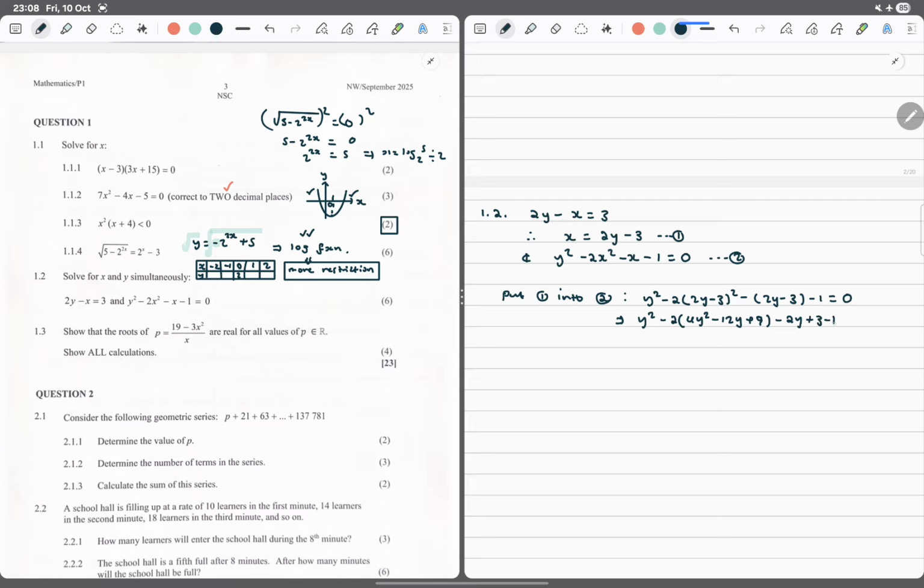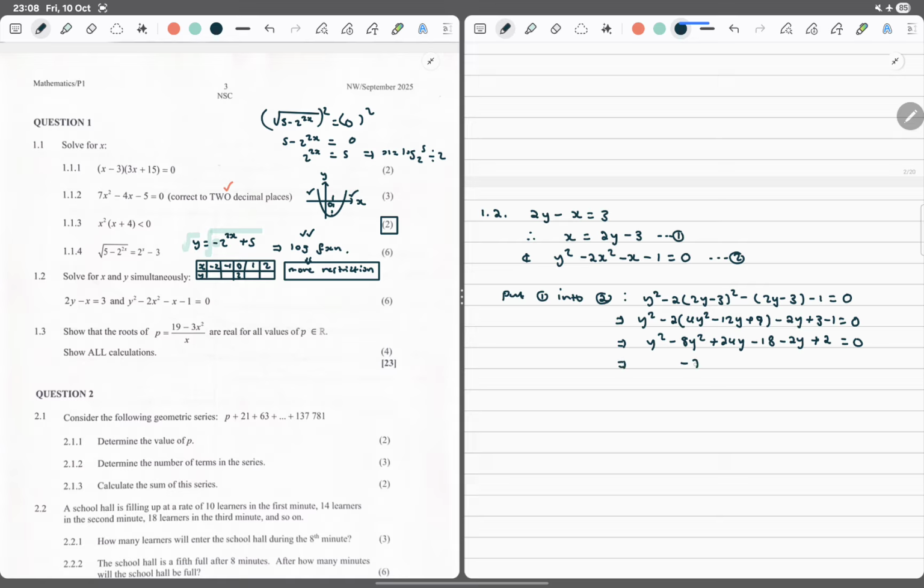Minus 2y plus 3 minus 1 is equal to 0. So what do we get? y squared minus 8y squared plus 24y minus 18 minus 2y plus 2 is 0.